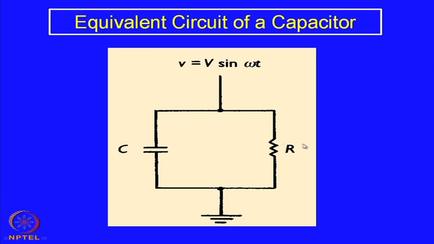It is a very simple circuit where an ideal capacitor and a resistance are put in parallel. Ideally this resistance should not have been there, it is infinity, but since there is a finite resistance, a resistance also has to be put in parallel with the capacitor. So, that is known as the equivalent circuit of a capacitor.